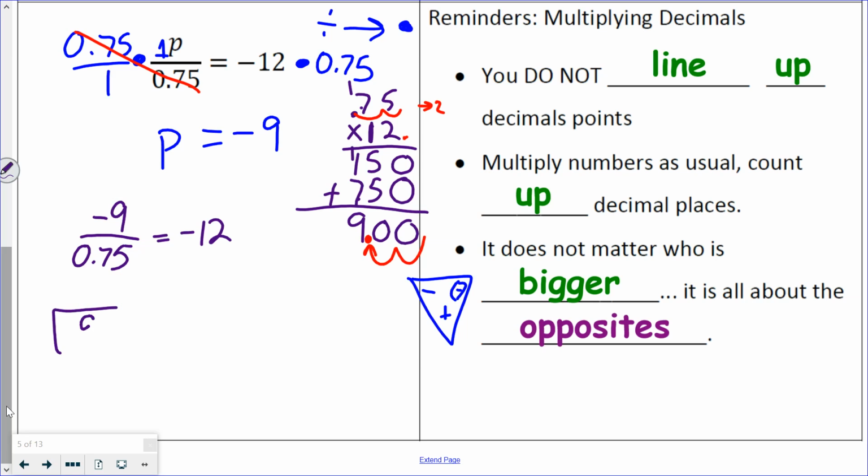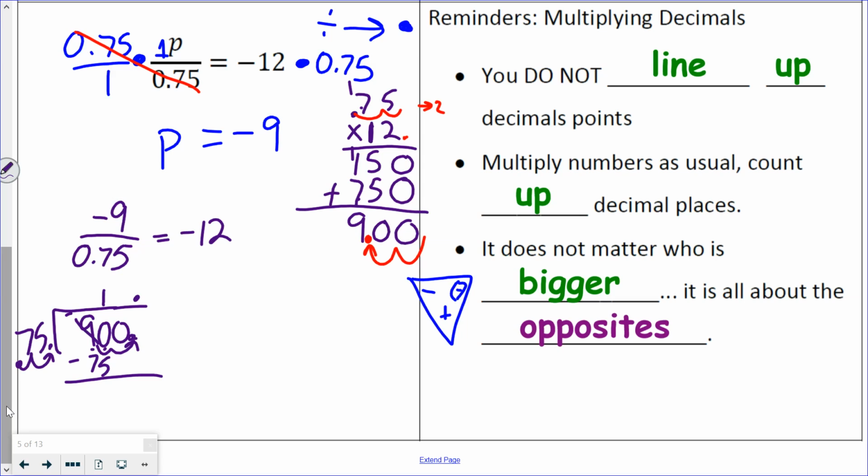Okay, 9 goes in the box. 75 cents outside. But I can't divide by 75 cents, so I move my decimal over and make this my 900 then, because I went from here to there. Now 75 cannot go into 9, but it can go into 90 one time.